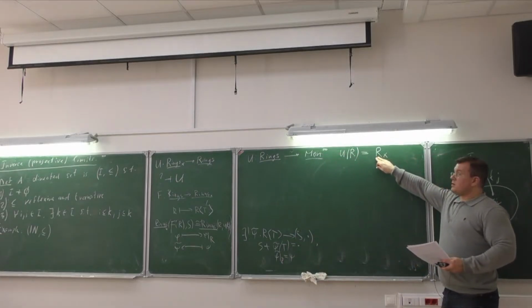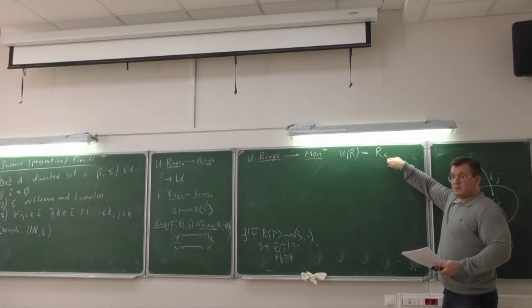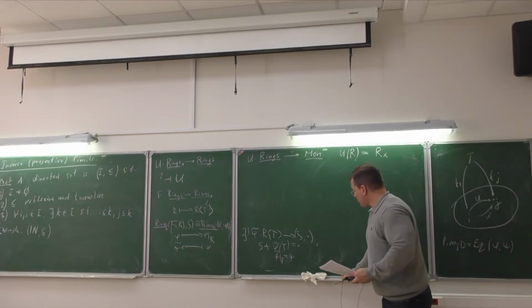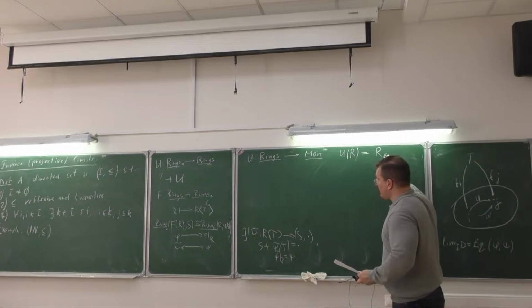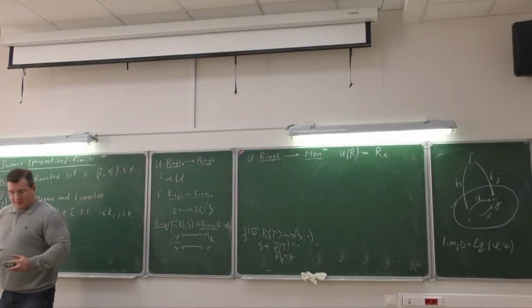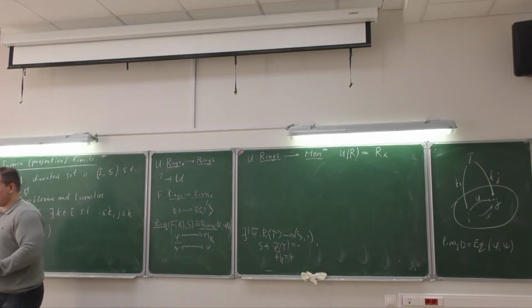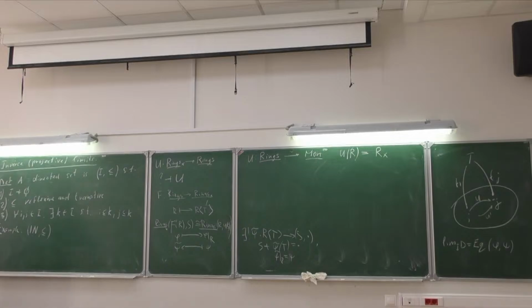So you take all the elements in the R, you forget about the addition, and you use only multiplication. Under multiplication, this is a monoid. So you can associate two monoids to the ring, under addition and under multiplication. In this case, I want under multiplication. The same question: find a left adjoint or explain why it doesn't exist.